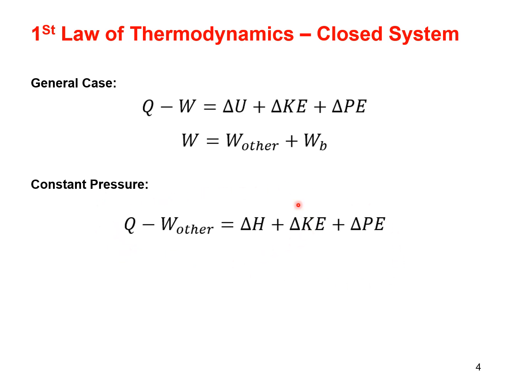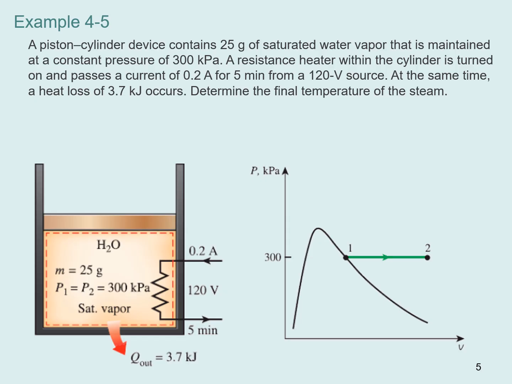Notice it looks very similar to the other one, but here we've taken part of the work and the change in internal energy and represented it by delta H, the enthalpy. Now, the enthalpy you can get right from the tables, as we'll show in an example.